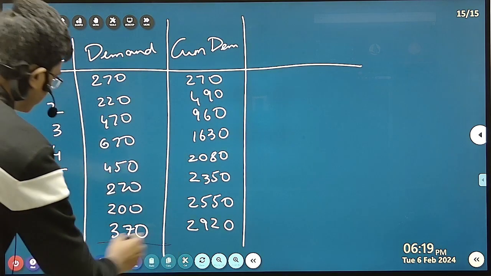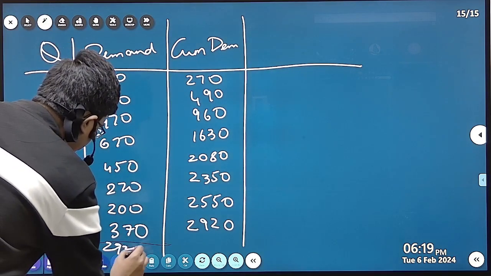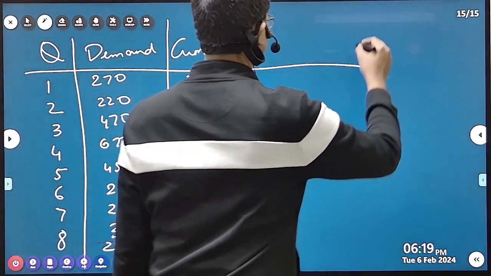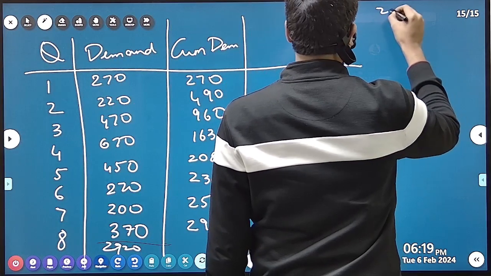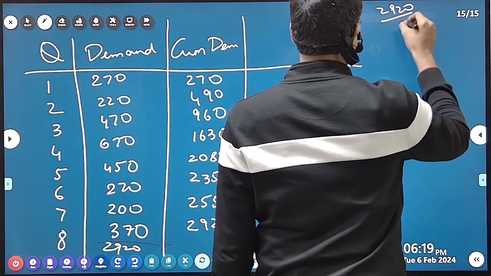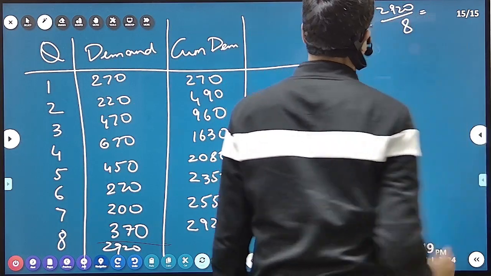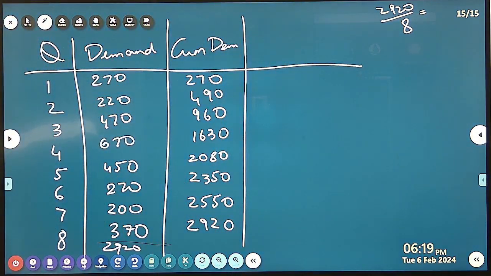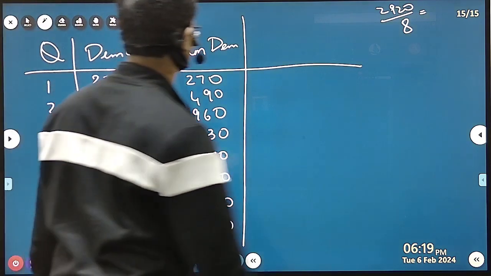Your total demand is 2920 for the 8 quarters, so you will have to produce 2920 divided by 8, which will be 365 units.